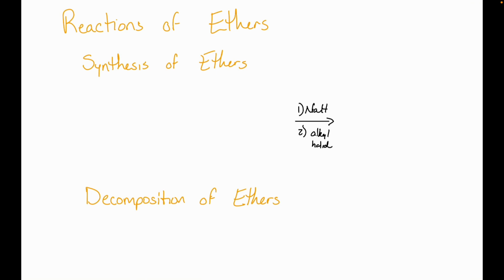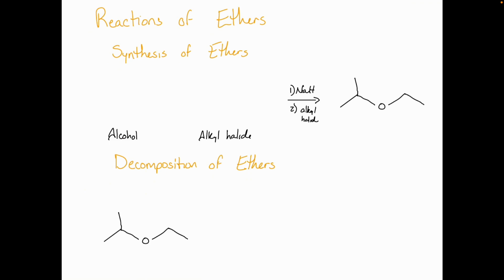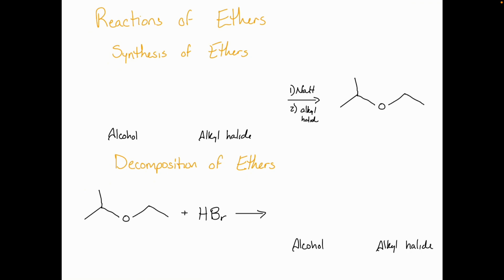All right, and what we want to be able to do is, given an ether structure, figure out the alcohol and the alkyl halide that we would use to synthesize that ether, as well as the product if we had that ether in the presence of a strong acid, which will decompose it into an alcohol and alkyl halide.